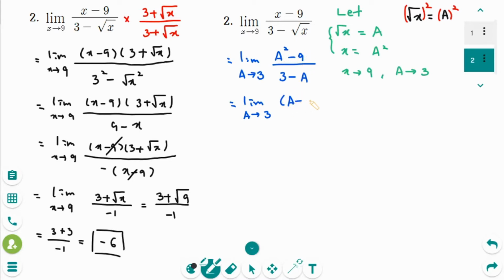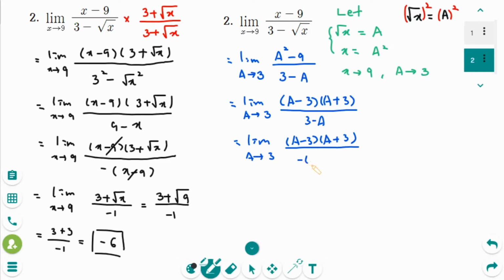So a minus 3, then a plus 3 over, this is 3 minus a. Like before, change the order of the denominator by taking out the negative sign. So minus a minus 3.